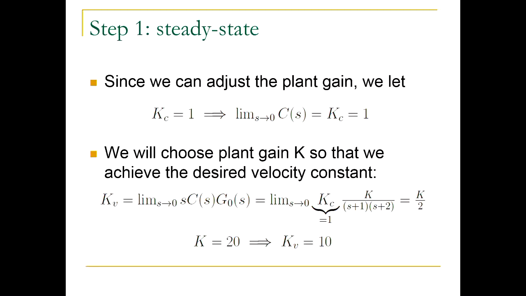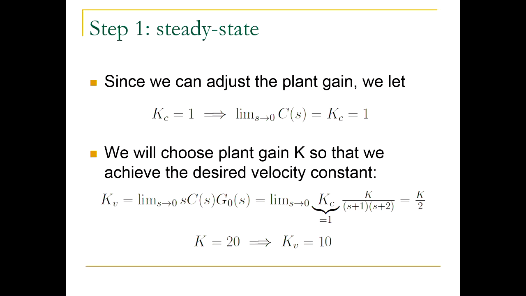Okay, so the first step was sort of done. We know now what the gain should be. An interesting thing here is that since we assumed that the controller gain is 1, we can now play with locations of poles and zeros without affecting Kv.